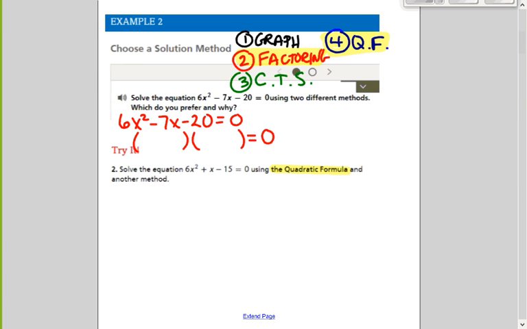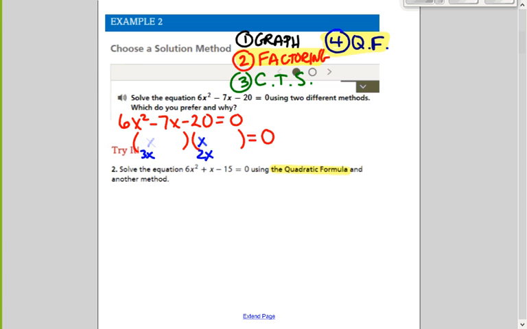This is one of those problems where you do have a leading coefficient, 6, and that 6 is not a factor of 7 or 20. So this is not one of those problems where you're going to factor out the 6 first and then try to simplify from there. It's one of the problems where you'll try like maybe 6x and x, or maybe you'll try 3x here and 2x there.